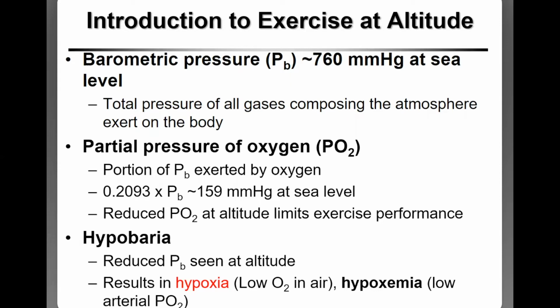This term hypoxemia should look familiar. We talked about it in exercise-induced arterial hypoxemia. And we talked about it in the section where we were discussing that the pulmonary system rarely limits exercise performance, except in the case of elite athletes who have very, very high cardiac outputs.